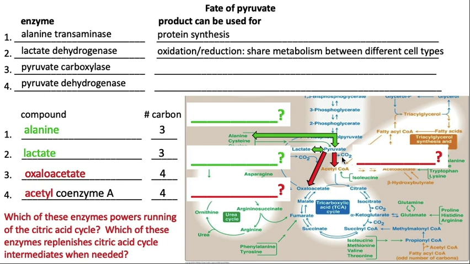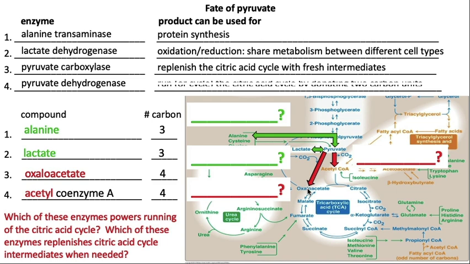Pyruvate carboxylase. Now this is a really important distinction. It's real important to know the difference between lactate dehydrogenase, pyruvate dehydrogenase, and pyruvate carboxylase. The names tell you exactly what they do.